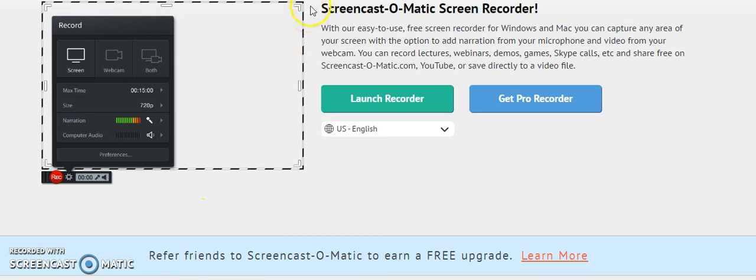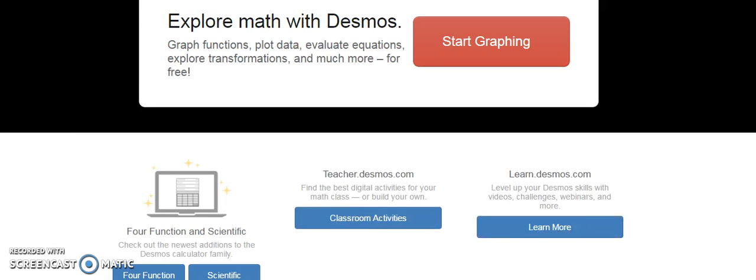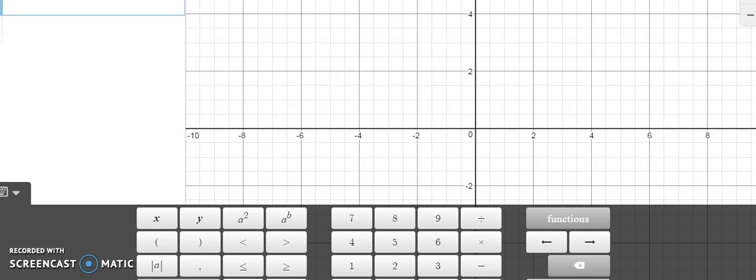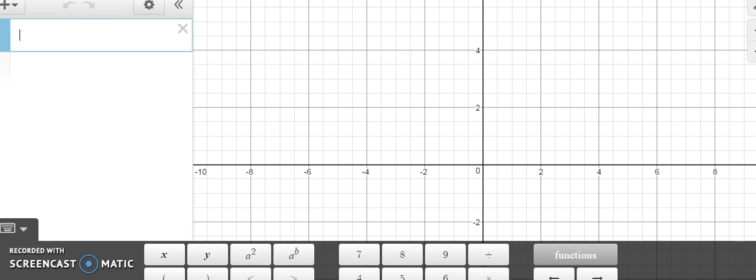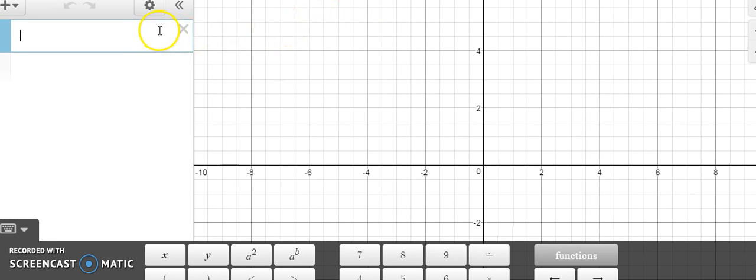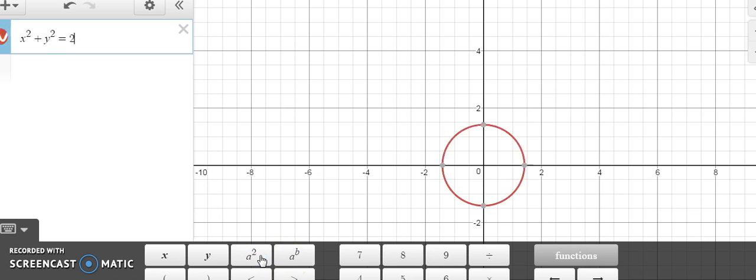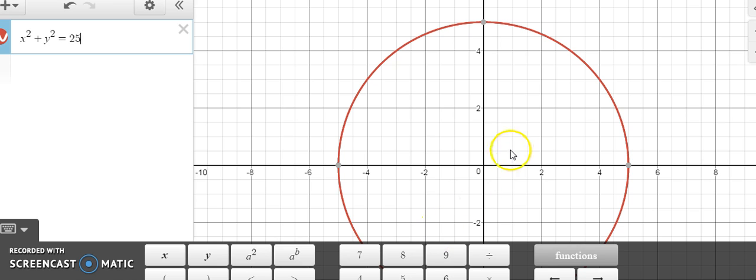I am going to use Desmos. All right, so our first equation was x squared plus y squared equals 25. And once again, I said that this was a circle.